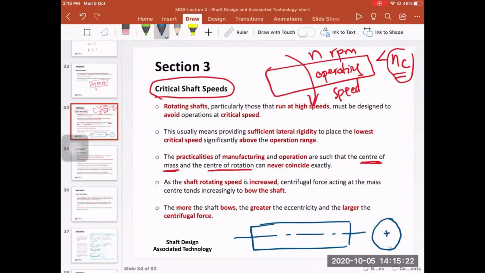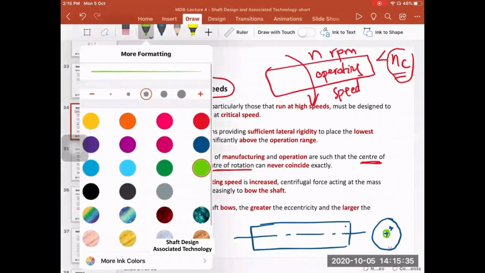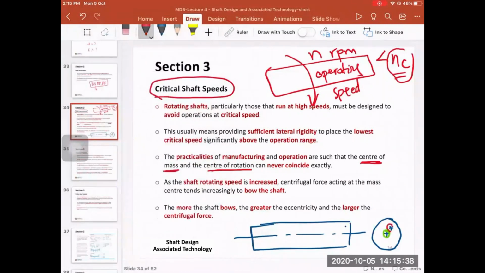But due to the distribution of the mass from manufacturing, the center of mass is somewhere here. So we have the center of rotation, the green one, and then the center of mass, and the difference between them is the eccentricity, right? When the shaft rotates, due to this difference between the center of mass and the center of rotation, there is a force. This force F is the centrifugal force, right?